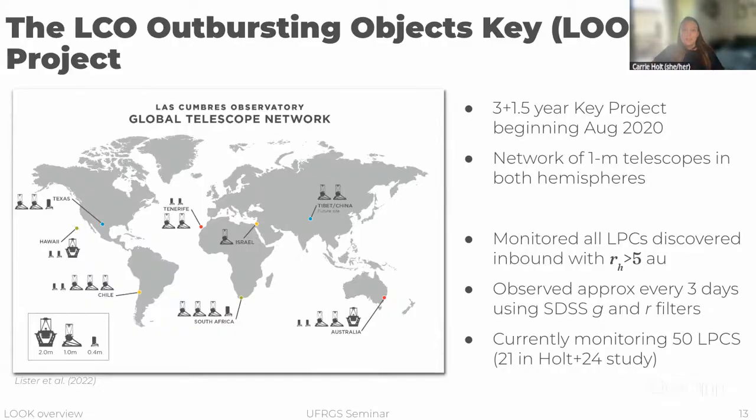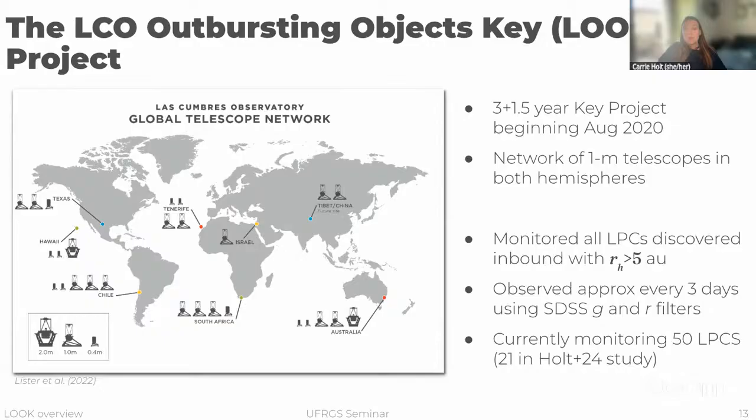What we did was, any long period comet that was discovered beyond 5 AU from the sun and was going to be traveling at least 1 AU closer to the sun, we added it to our list and started observing it every 3 days in both G and R filters. Currently it is still going on, at least through this semester, and hopefully can continue a little bit, but we'll also have LSST, so I'll talk about that later.